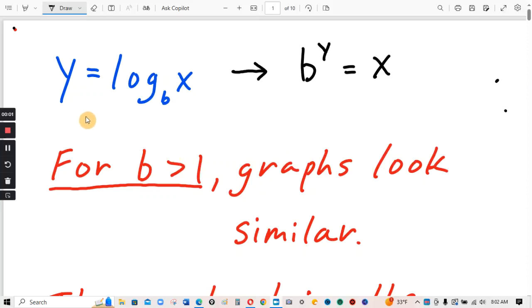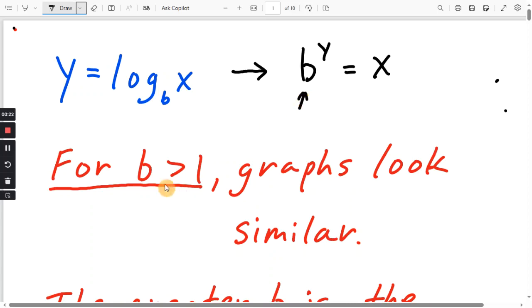All right, so if you have a function y equals log base b of x, for b greater than 1, the graphs look similar. So why is that? Well, if you take this logarithmic equation and transform it into an exponential equation, if this number b is greater than 1, you are just raising that to an exponent, and the x and the y both increase together.